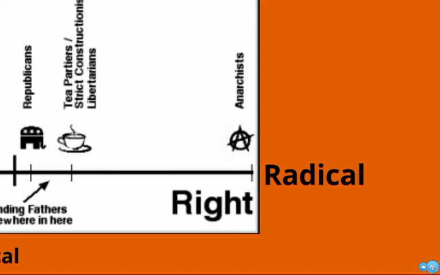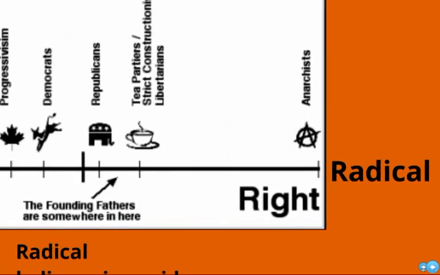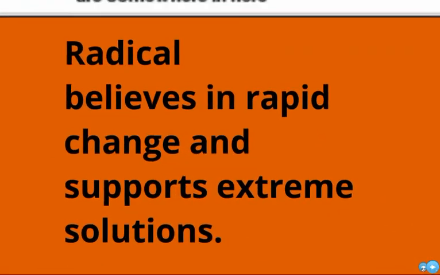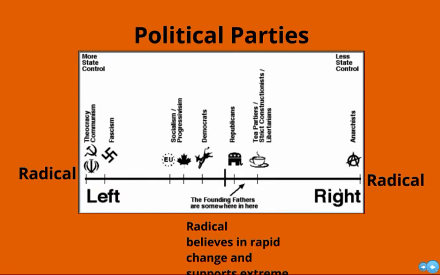Now, the interesting thing about the left and the right radical extremes is both of those types of ideology look for, as their ideal, no government. The idea of communism is that everybody is equal, and with everybody equal and working together, then government eventually falls out and you don't need any government, even though here on this political spectrum it says that there's more state control, which is what you have at first in a communist government, but eventually you lose the government.